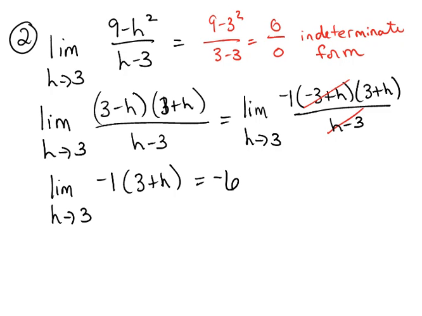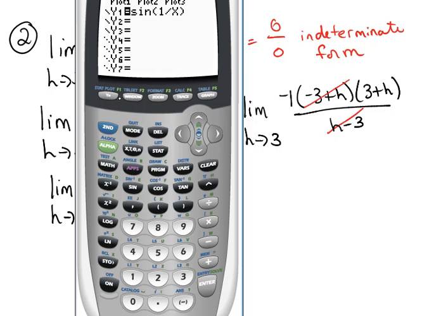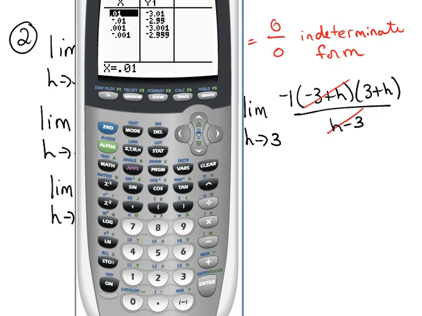Okay, and so what that means, remember, is that if you went to y equals and you tried to work this problem numerically, which you won't get full credit for if you're asked to do it algebraically, at least it's a way to check your answer. So you could go to your table and pick numbers to the left and right of 3.